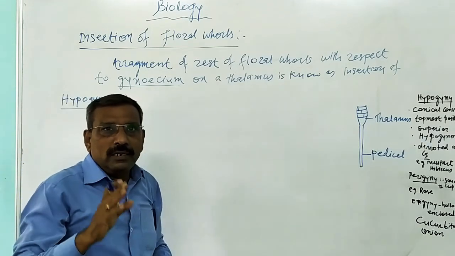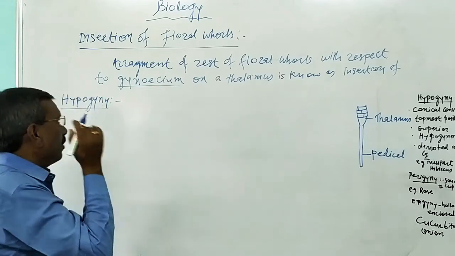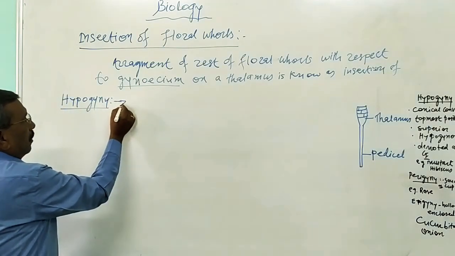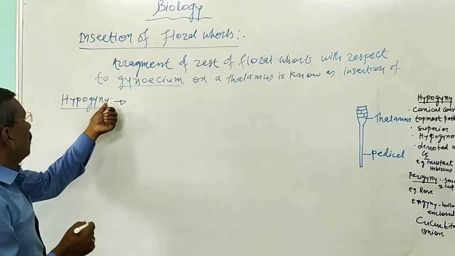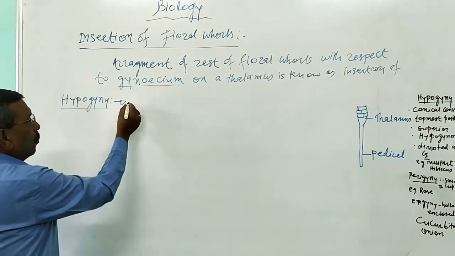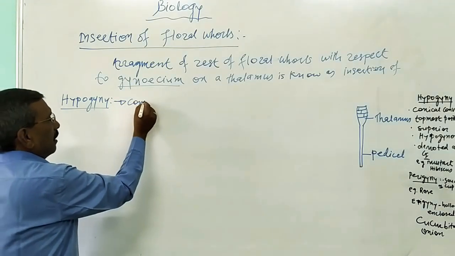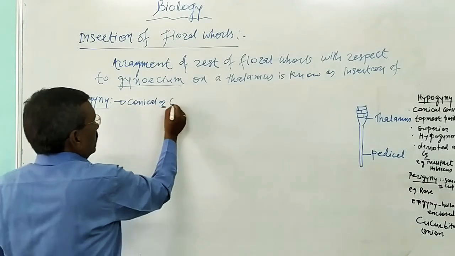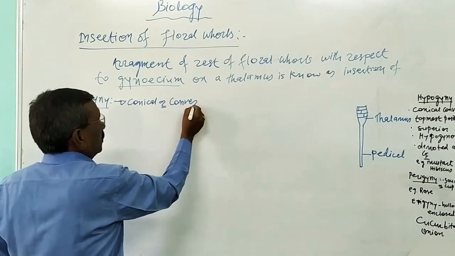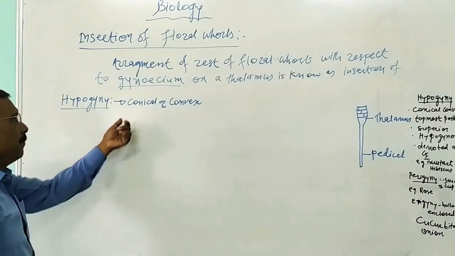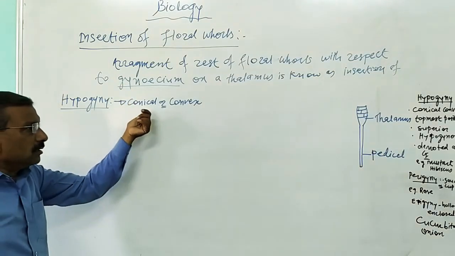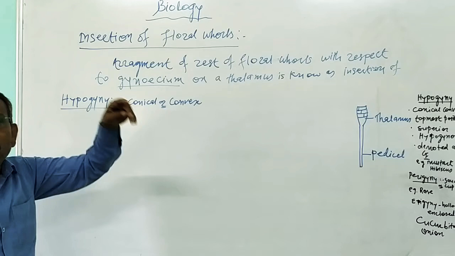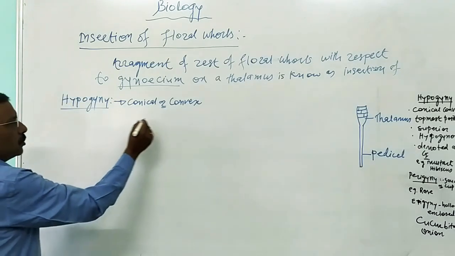Now when in a flower the thalamus is conical or cup-shaped, conical or convex shape, and on this thalamus the ovary occupies the topmost position.